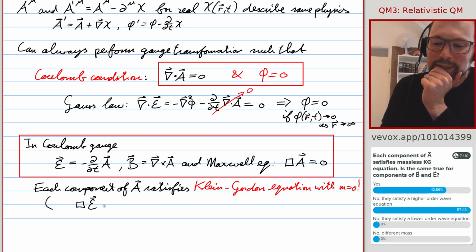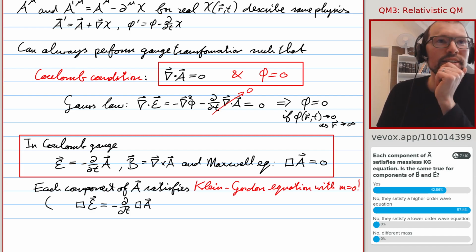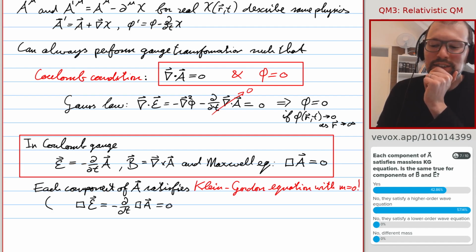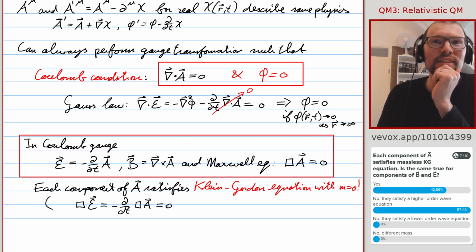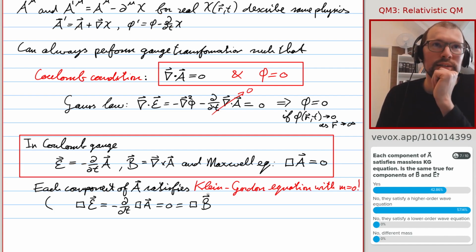So automatically, D'Alembert acting on this is the same as the time derivative of D'Alembert acting on A, but that is 0, right? And the same is true for the magnetic field.